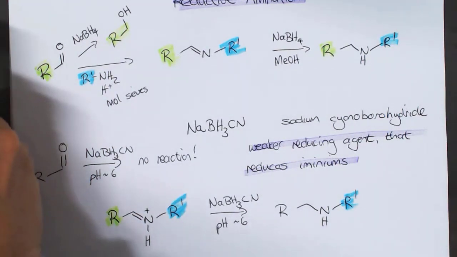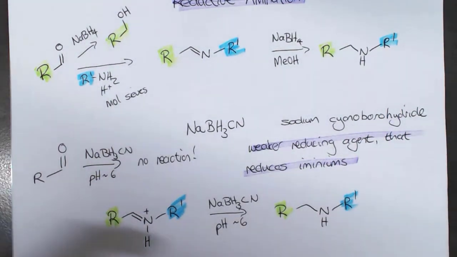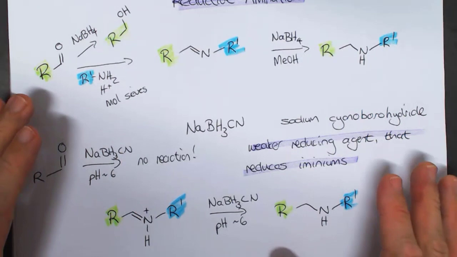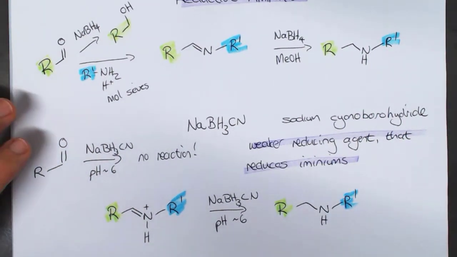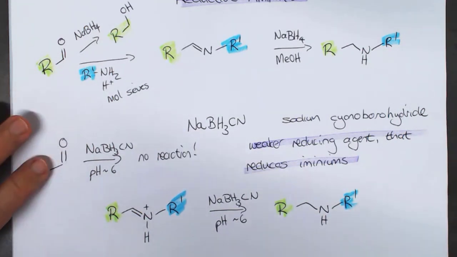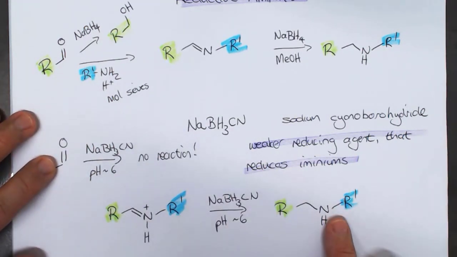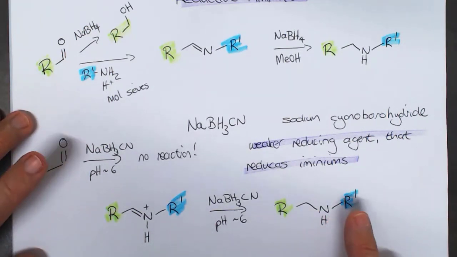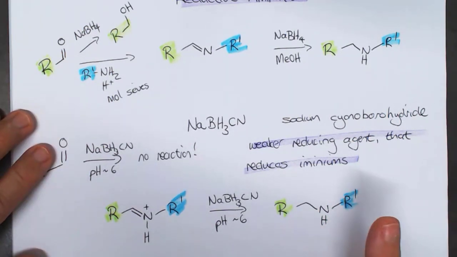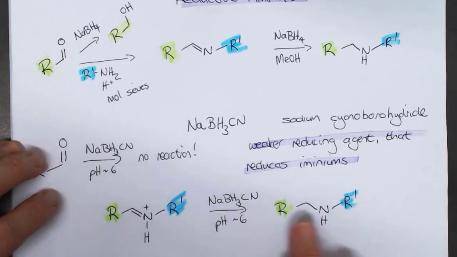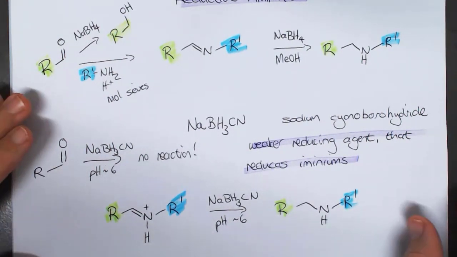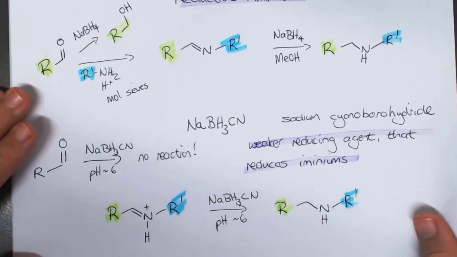So this is an excellent reaction, because what this means now is that in order to achieve this step, going from the aldehyde over there to this new joined amine, we can mix all the reagents together at the same time. So aldehyde, amine, and sodium cyanoborohydride at around a pH of 6, and we get a product forming. Let's just quickly look at that.